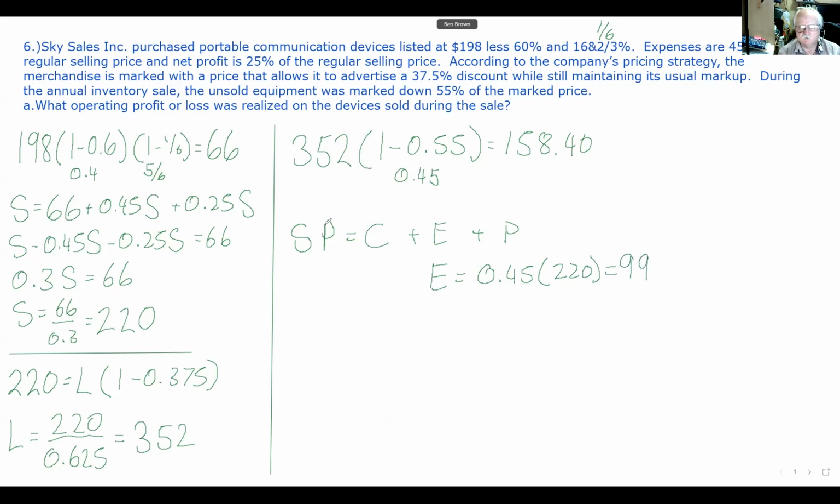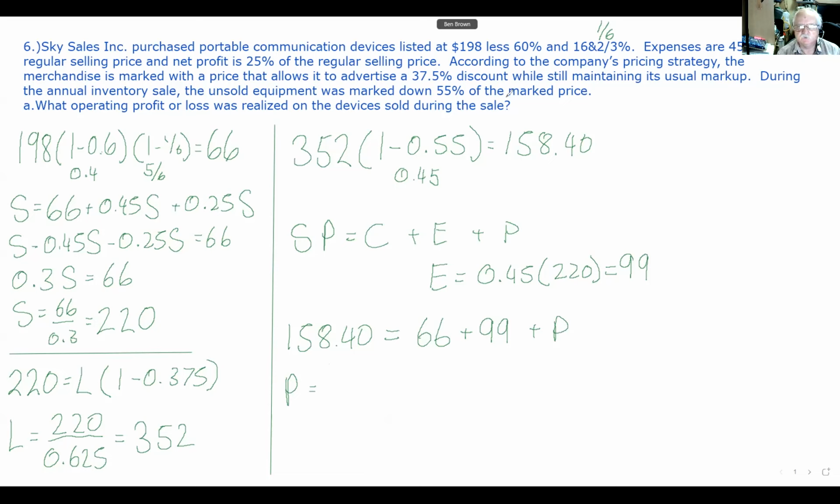So we can put all our numbers back into this now. The sale price of $158.40 equals the cost of 66 plus 99 plus profit. And so profit, it's written 55% of the marked price.